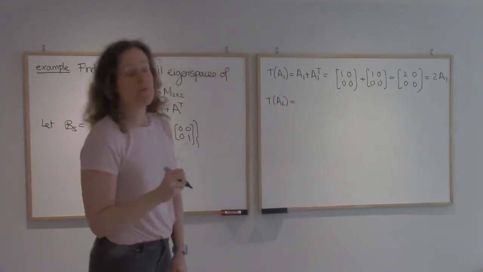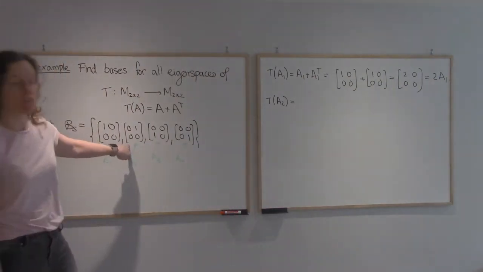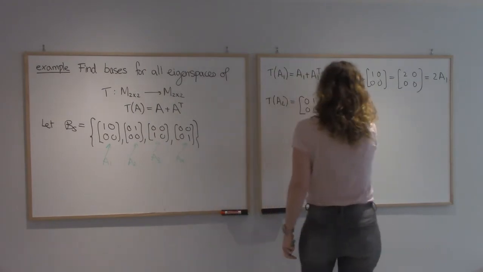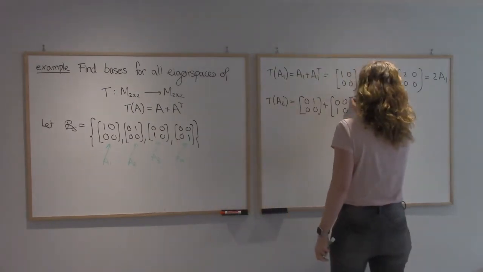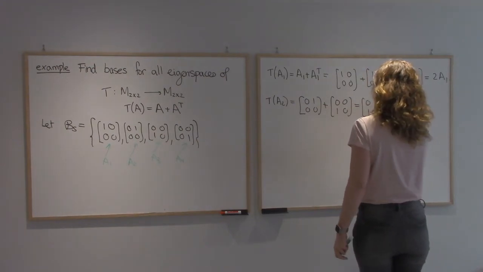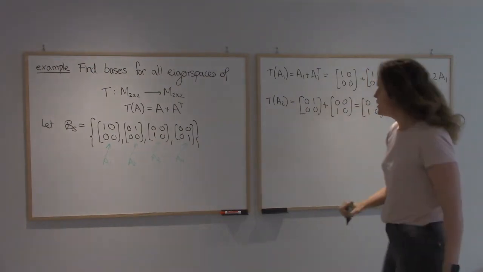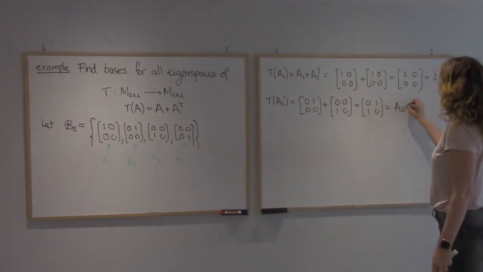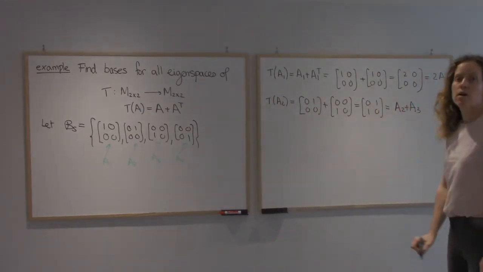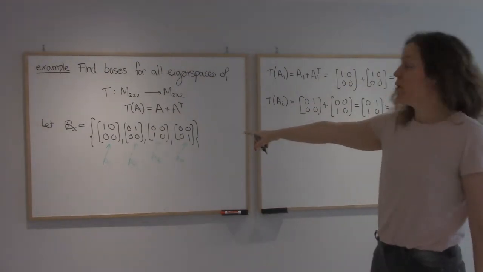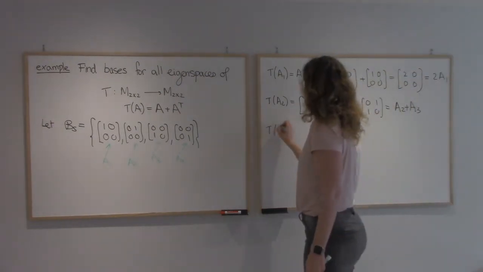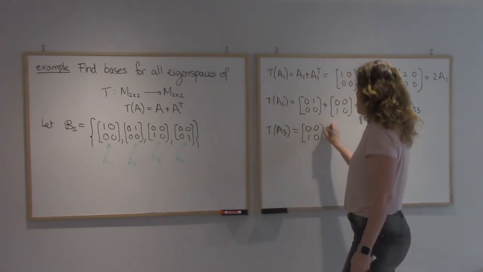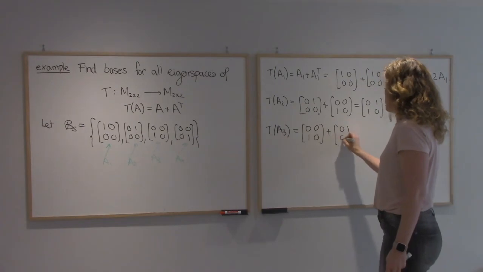If I do the same thing for A2, I'm going to take this and its transpose and add them. So 0, 1, 0, 0 plus 0, 0, 1, 0. I get 0, 1, 1, 0. This time I get A2 plus A3. If I do the same thing for A3, I'm going to get A3 plus its transpose.